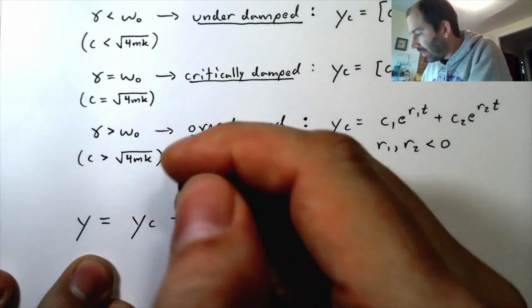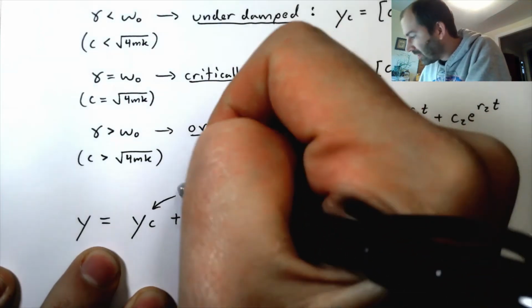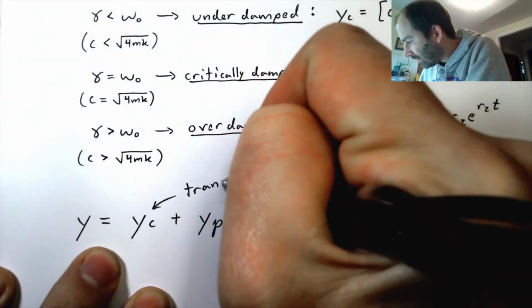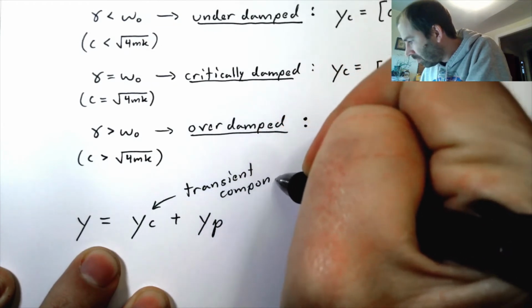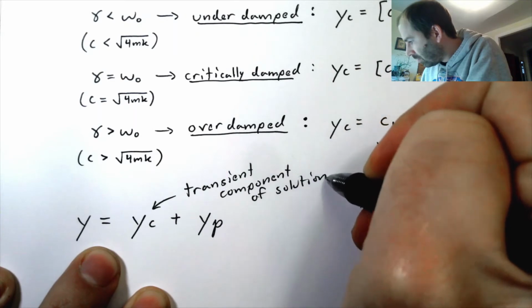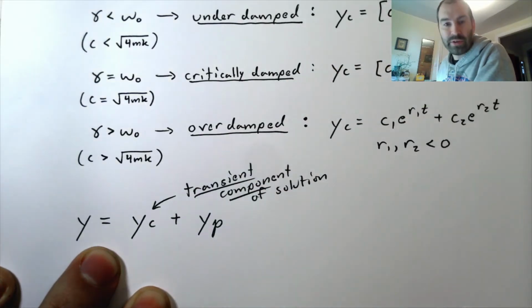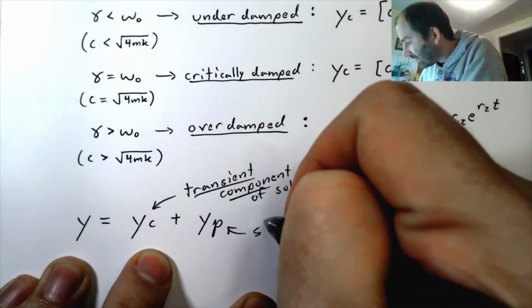The solution to the complementary equation is called the transient component of the solution. The particular solution is called the steady state component.